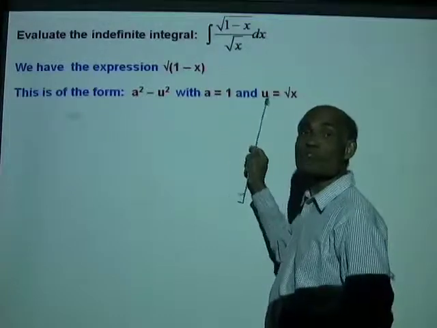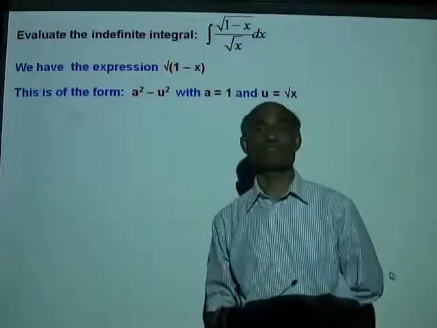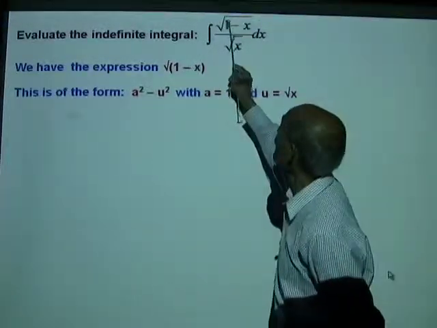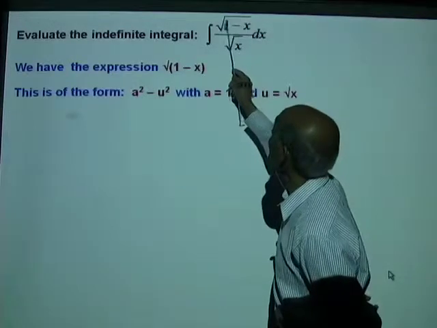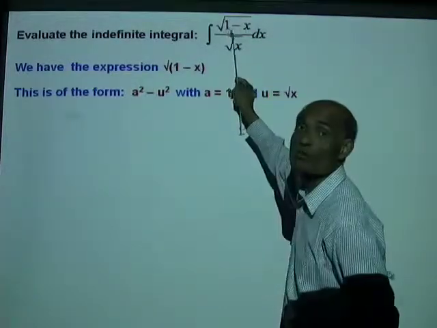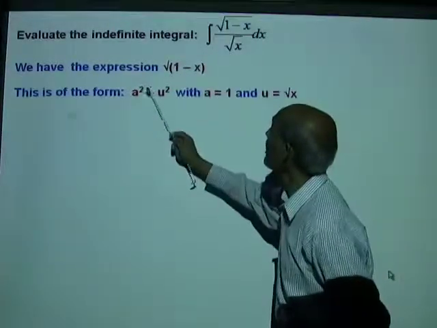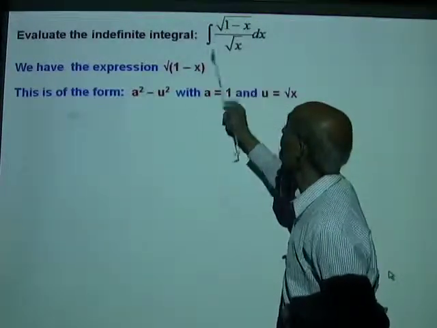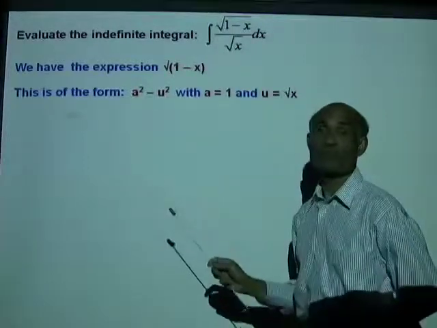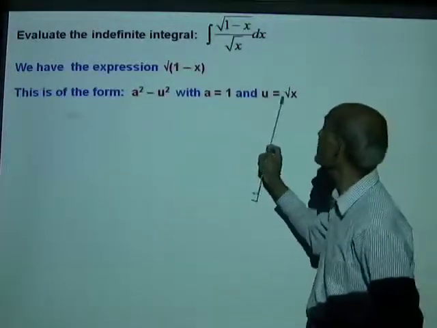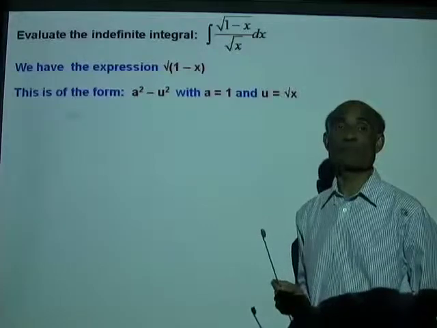That will make u equal to square root of x. So, in this quantity square root of 1 minus x, we will say 1 is our a squared and x is our u squared. So that gives you u equal to square root of x.